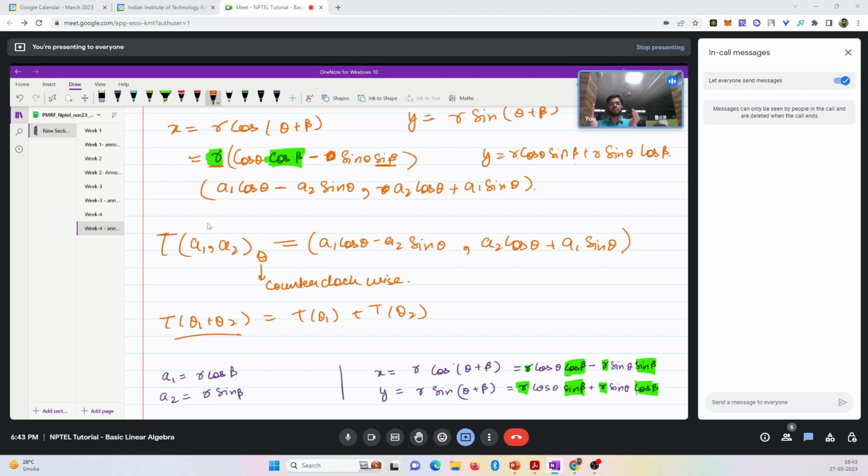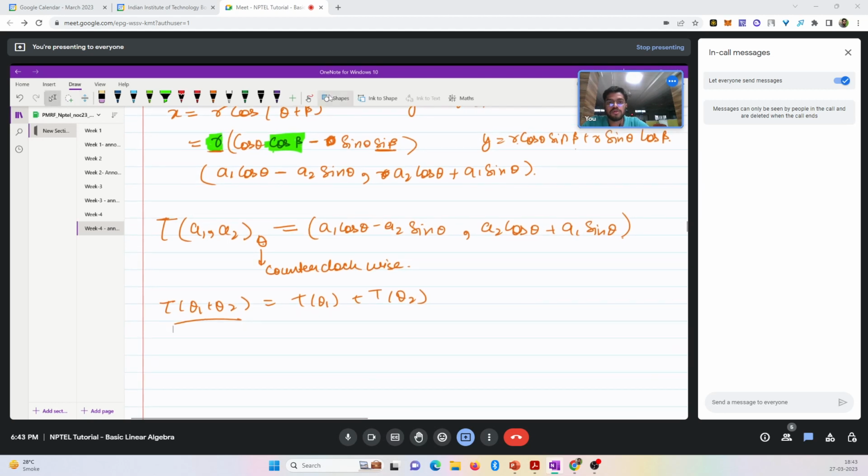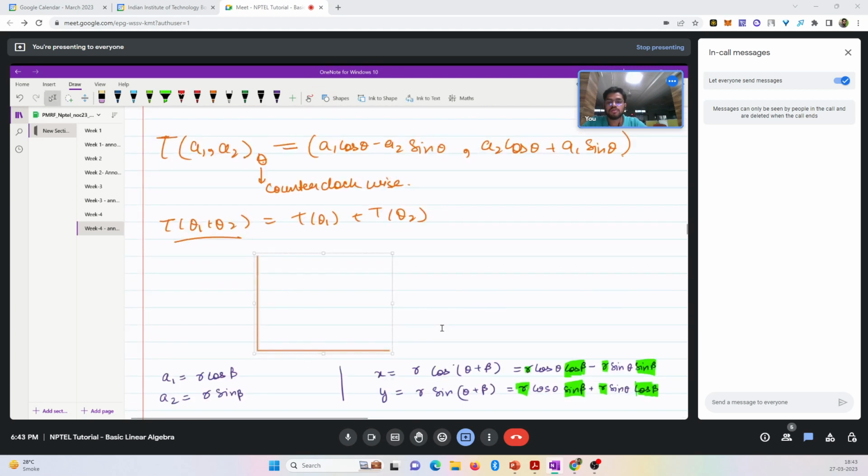So on the left hand side, let's say we had a vector a1 comma a2, and we rotated it with some angle, theta 1 plus theta 2. Or what we could have done is first rotate it by angle theta 1, and then again rotate it by theta 2, and then we should obtain the same vector.